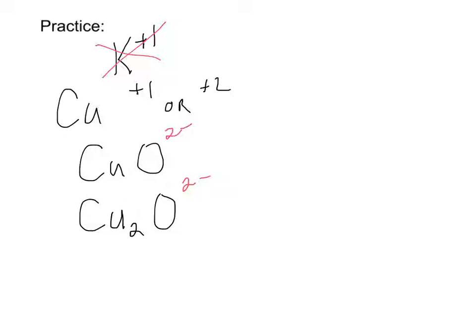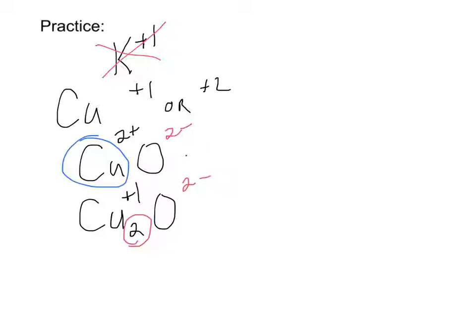But in this case, there's only one copper here, so it has to have a 2+ charge. But down here, I have 2 coppers, so each one has to be a +1 charge for everything to balance out.